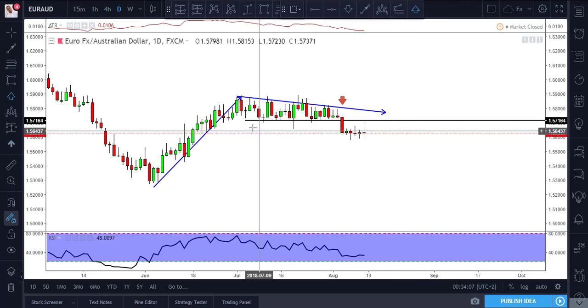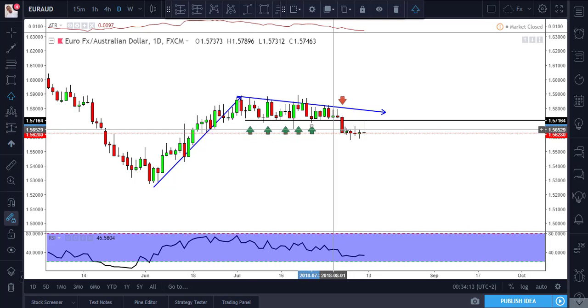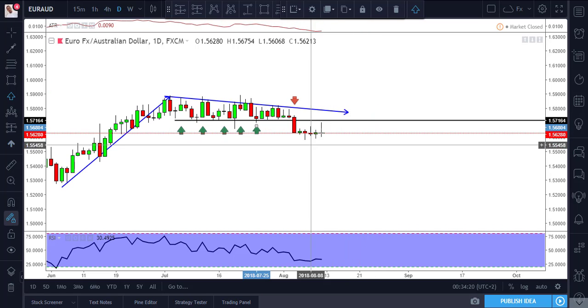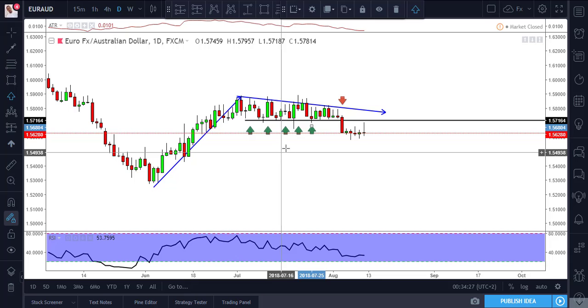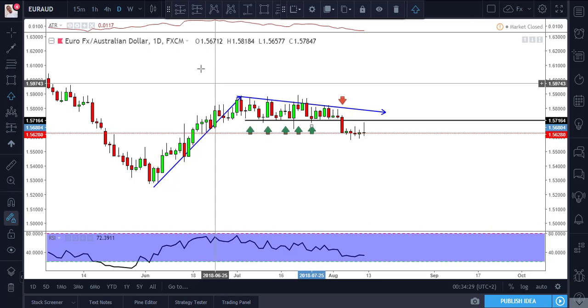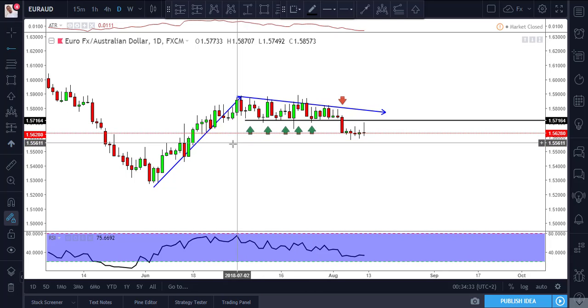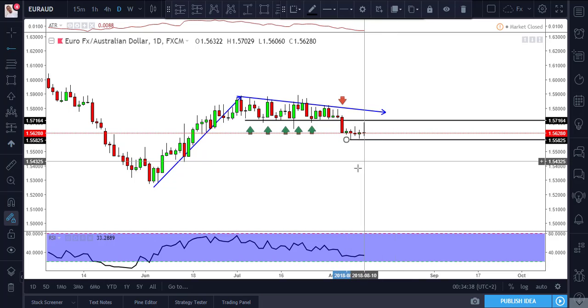For days and days and days, the market began to respect these support levels, and finally we had our break below, close below, and the market gave us a doji candle right here. So I'm expecting a continuation to the downside, at least back down to these levels right here.